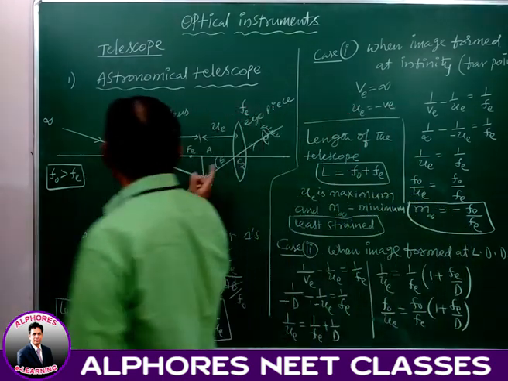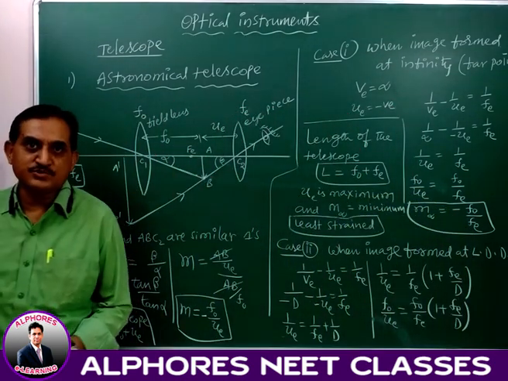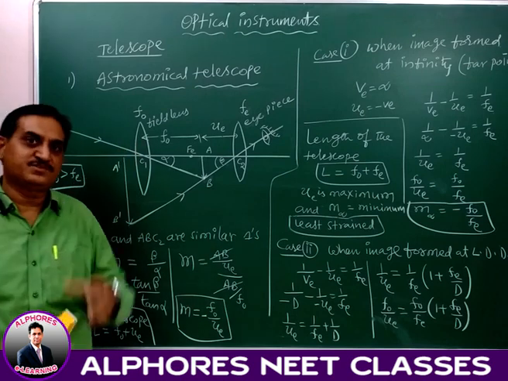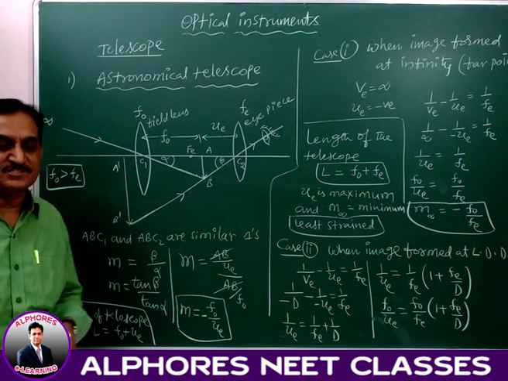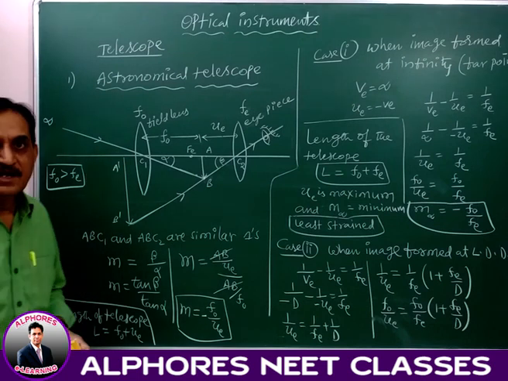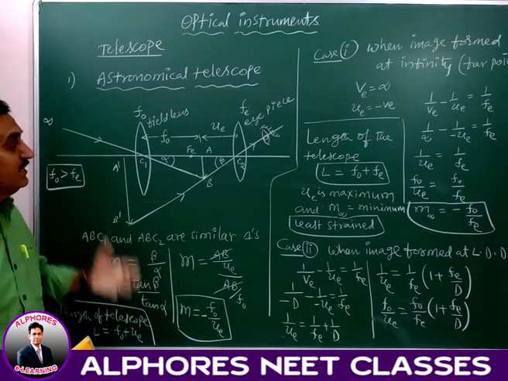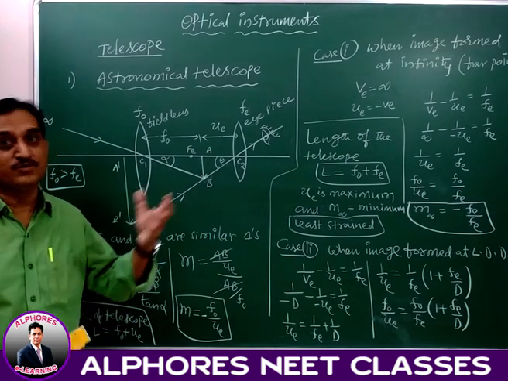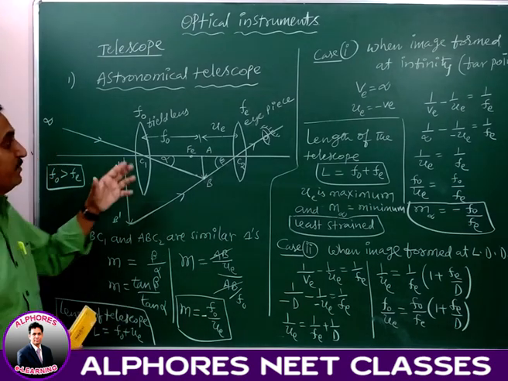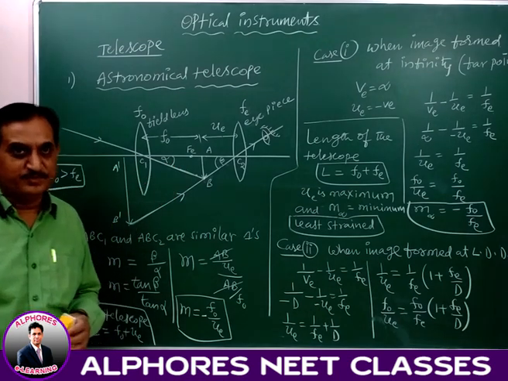An astronomical telescope is used to see the heavenly objects, the objects which are in the galaxy at greater distance, infinity distance, and which are seen clearly, magnified in size and near to us. That is the purpose of an astronomical telescope.